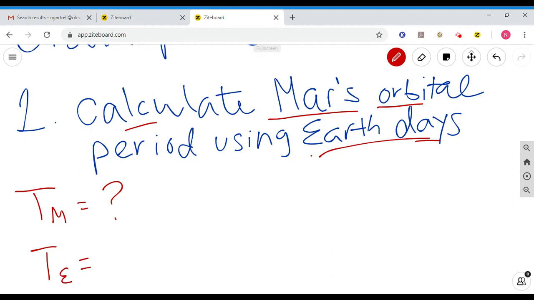What is the orbital period in days? How long does it take the Earth to go around the sun? If it's looking for days, we're going to use 365 days. Yes, I know there are some decimal places behind it, but we're using 365 days.